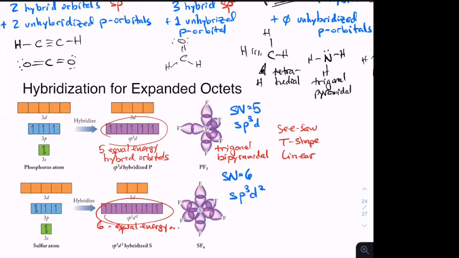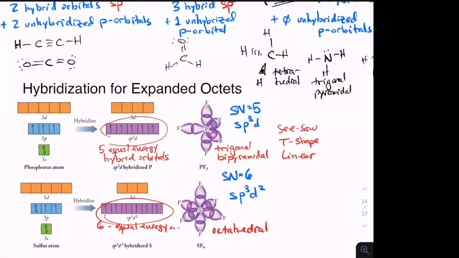Same is true for the SN of 6. You know that this base geometry is octahedral. That's what you get when you have 6 equal energy orbitals that are all distributed as far away from each other as possible, but given that they all have to stay attached to the central atom. And where we get those 6 from is from these atomic orbitals that hybridize with this bonding theory.